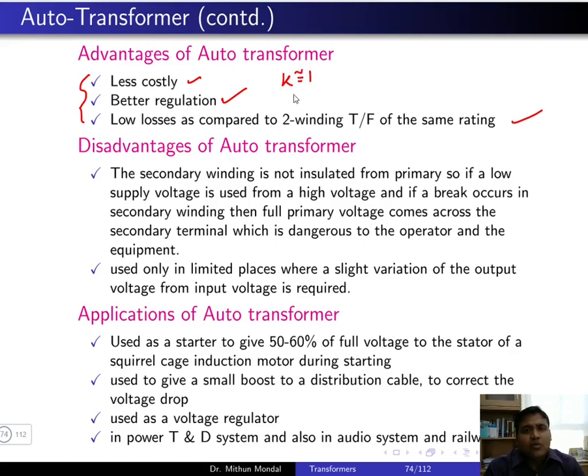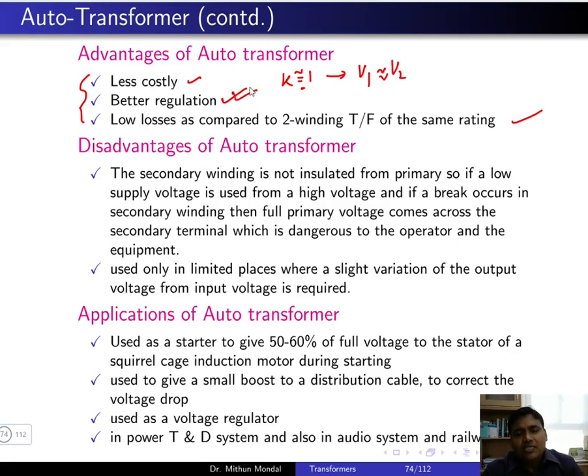Second thing is, when the transformation ratio is close to 1, what will happen? The V1 value will normally be equal to V2, right? So at a particular point of time when you are turning the voltage, V1 is normally equal to V2, so you'll get better regulation.